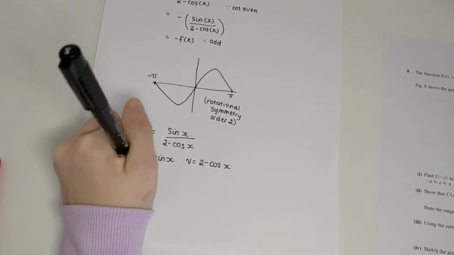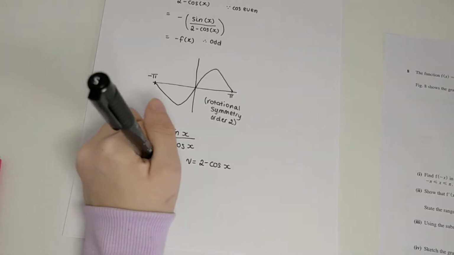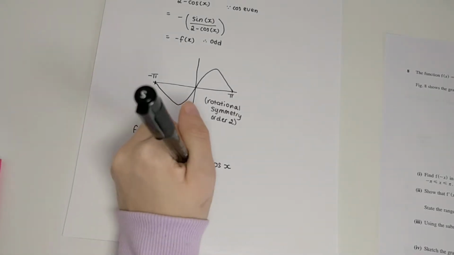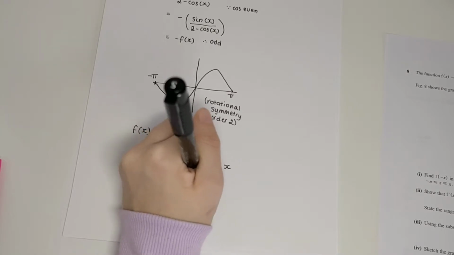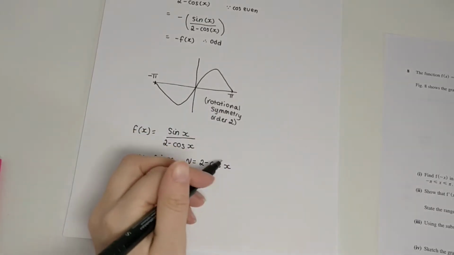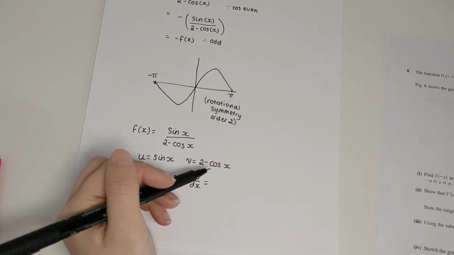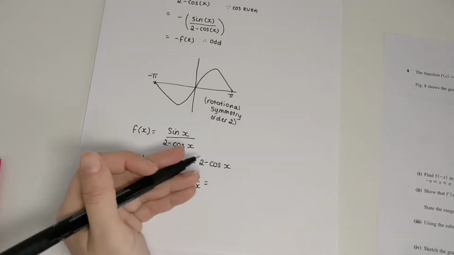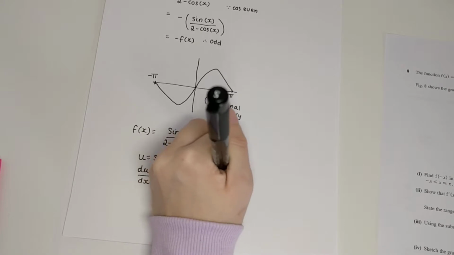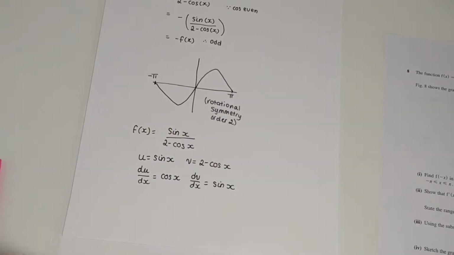du by dx equals cos x. And dv by dx equals, differentiate cos, you get minus sine. So differentiate minus cos, you get positive sine.